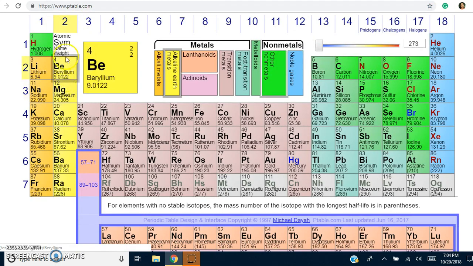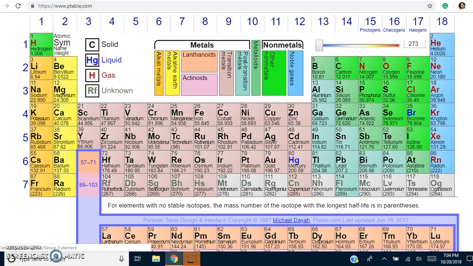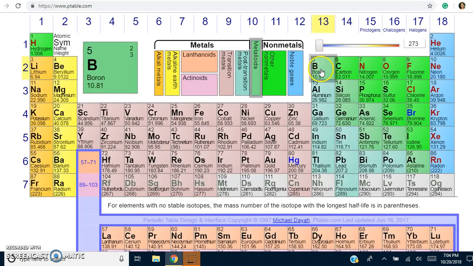Now beryllium or magnesium, let's do magnesium. Magnesium is in 2A. So when you write the Mg, since it's in 2A, it should have 1, 2 electrons.